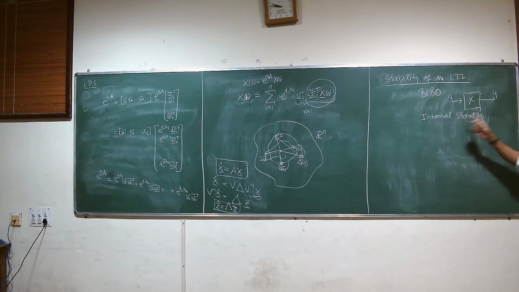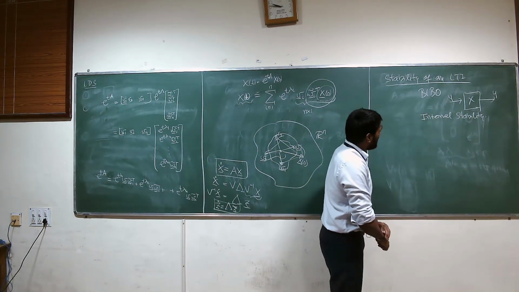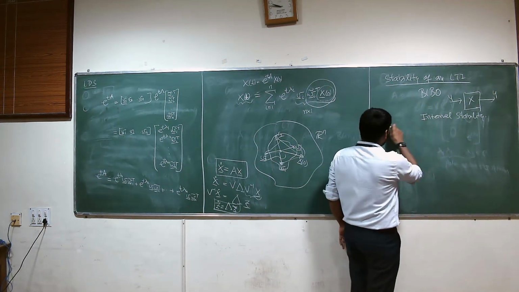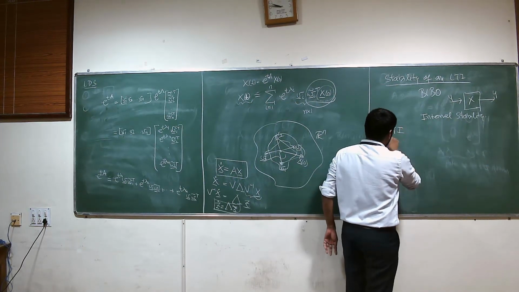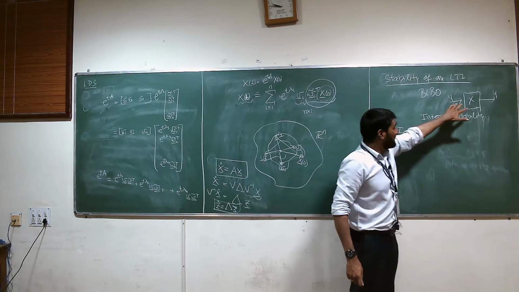Which is simply the stability of the state when you apply zero input. So what happens to the state when you apply zero input? And you say that an LTI system is internally stable. And remember, for internal stability, the input is zero.